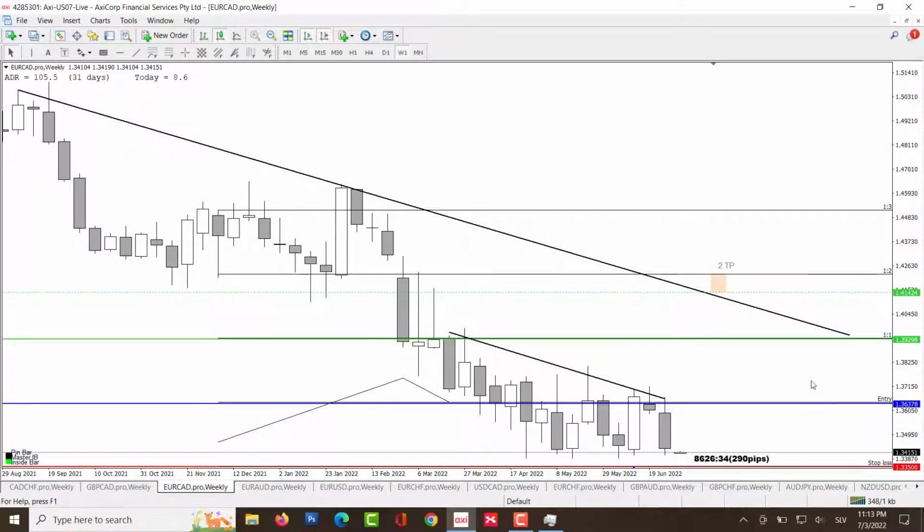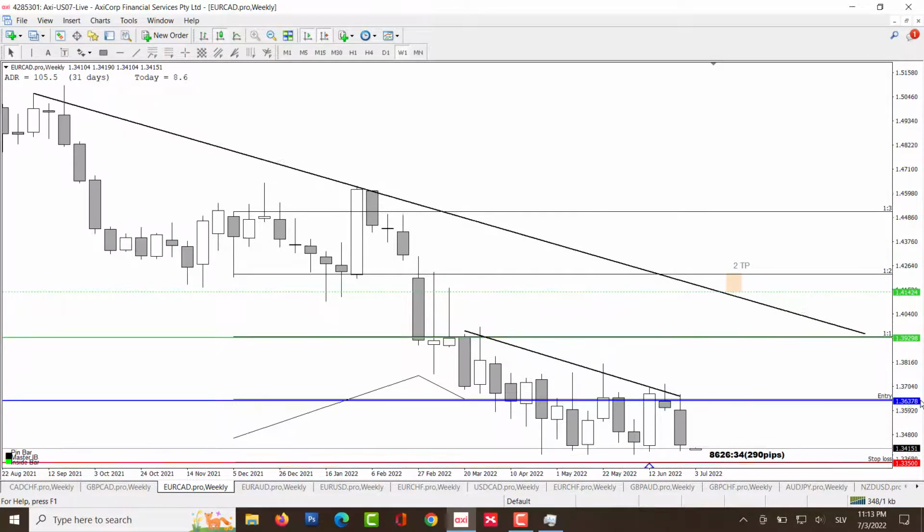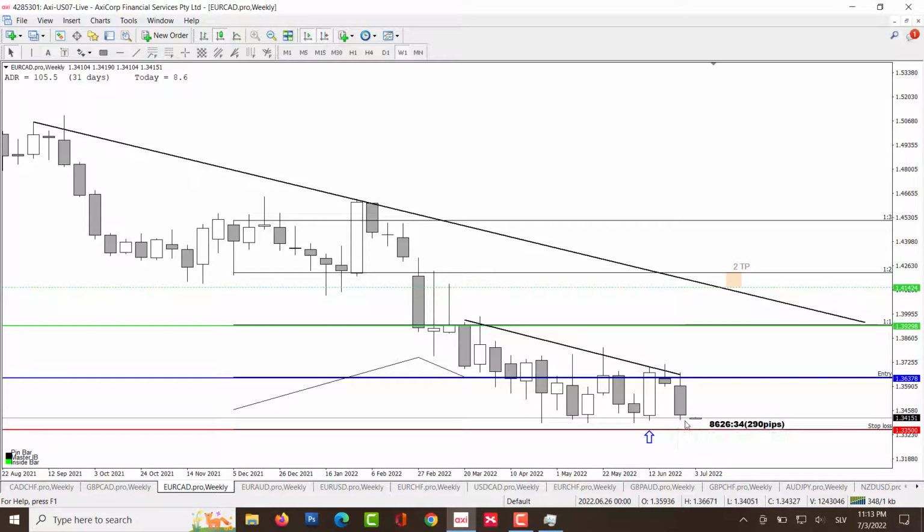Next, the EuroCAD. I'm still in EuroCAD, and I was also thinking about averaging down from 1% to 0.5% risk per trade, but still I'm in a full position. The price is near the stop loss, but still price is as it is.